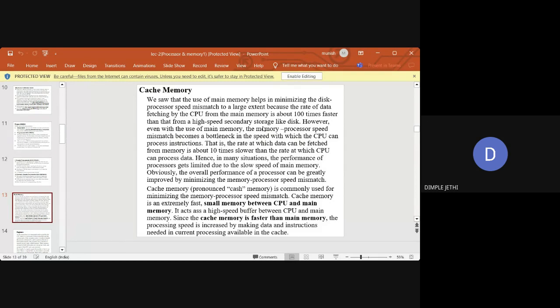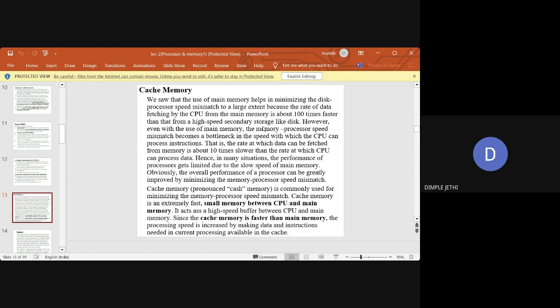So when it fetches the data from RAM, that is 100 times faster than fetching the data from secondary storage. Now the rate at which data can be fetched from main memory is 10 times slower than CPU processing speed. So obviously, if it brings the data from the RAM, CPU is still working at 1/10 of its speed. So we need to increase the performance of the CPU.